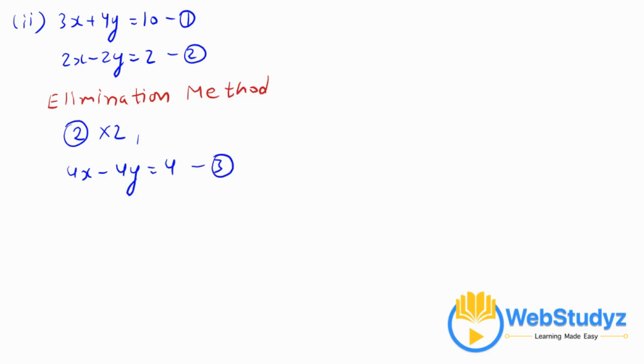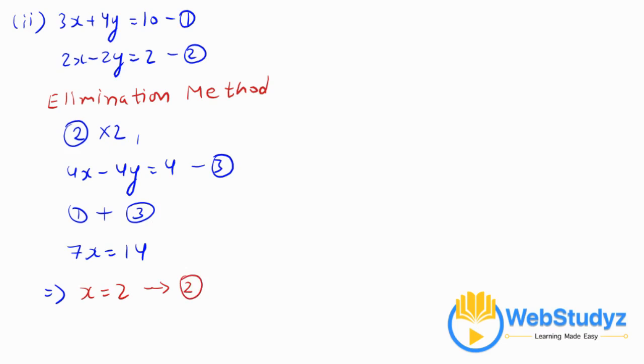Now if we add the first equation and the third equation, we get 7x equals to 14. So from here we get the value of x as 2. So we put this value into the second equation.